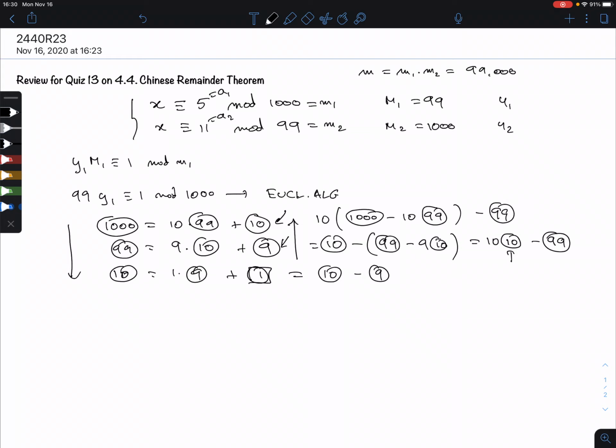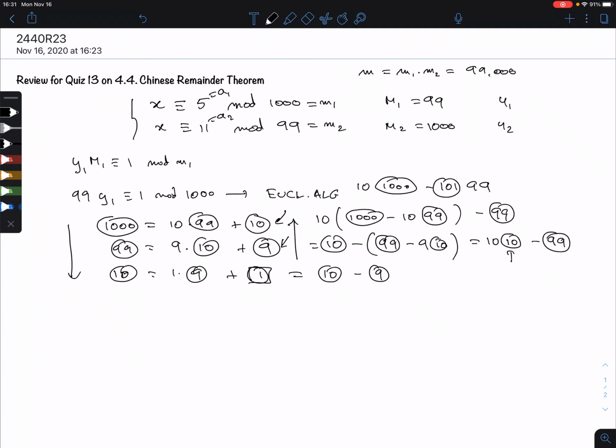And we group together the 99, so that is 10 times 1,000. And then we have minus 10, that's minus 100, minus 1, so minus 101 times 99. Then we can verify that actually, if you subtract it, you get actually 1. And this is true, right?